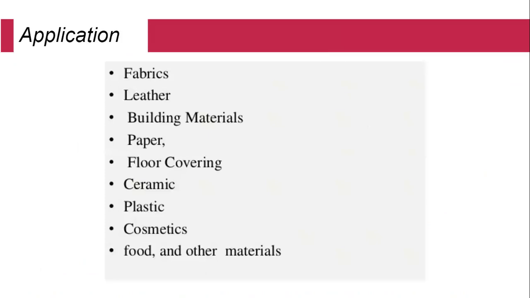Okay. So here are some applications for the pigments. We can use them in fibers, leather, building materials, paper, floor covering, ceramic, plastic, cosmetics, food, and other materials. So pigments can be applied in every way we can see. It's very useful.